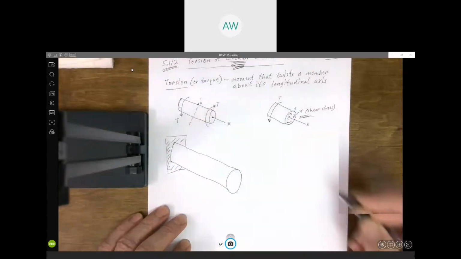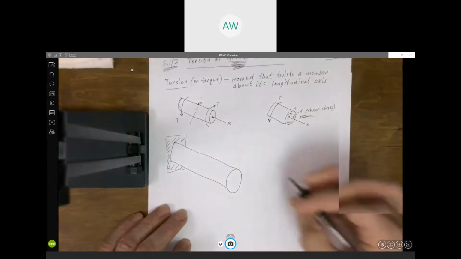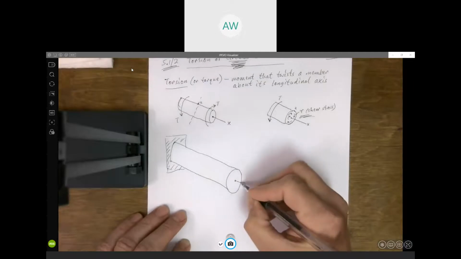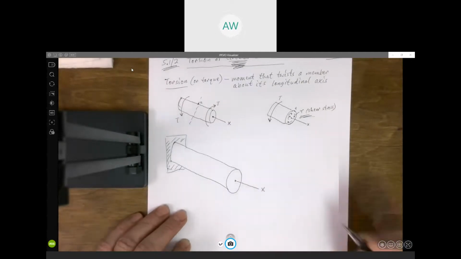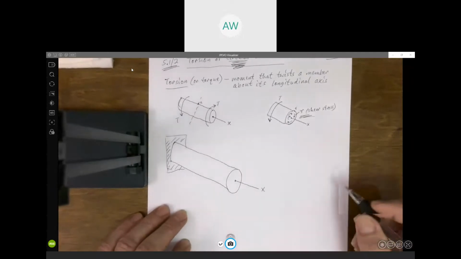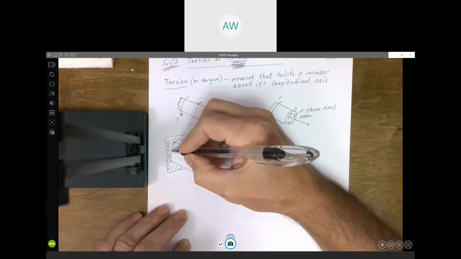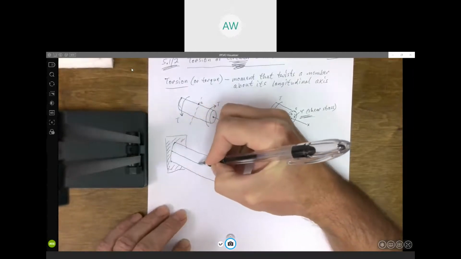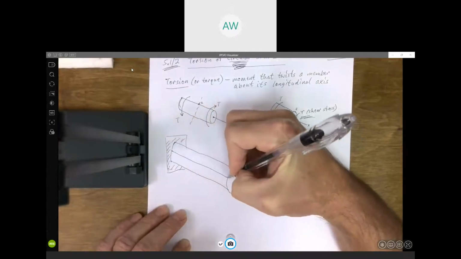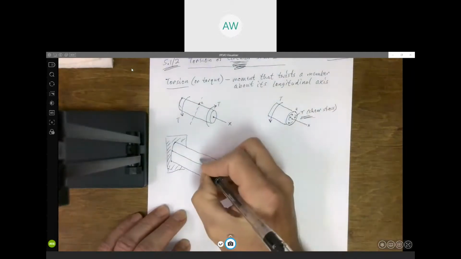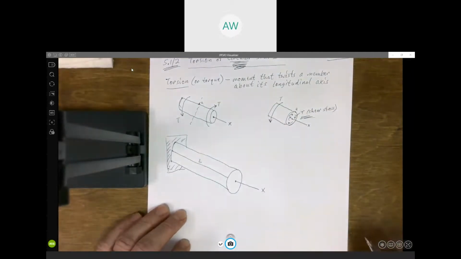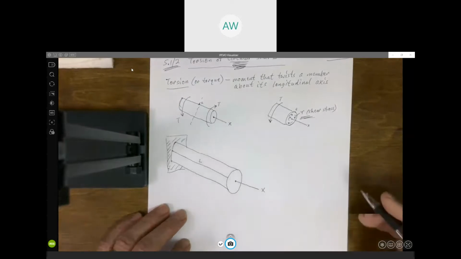So it's like attached to the wall at that end. Again, our x-axis is our longitudinal direction, and let's see if I can draw a straight line here along the shaft. That's not too bad. So the length of the shaft we'll call L.